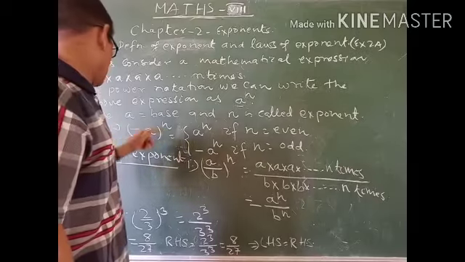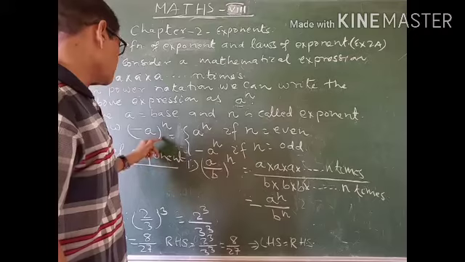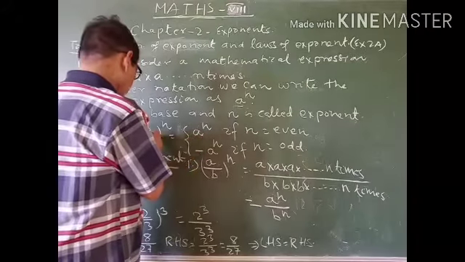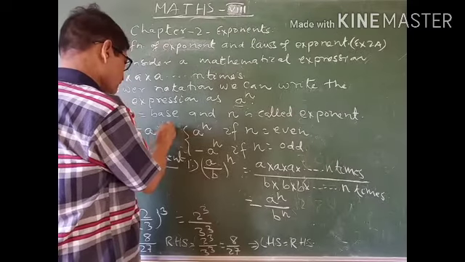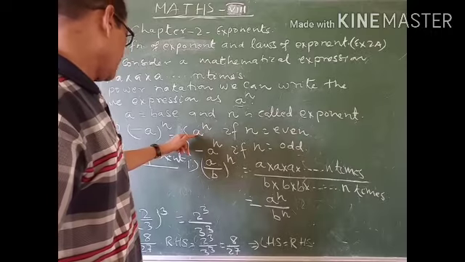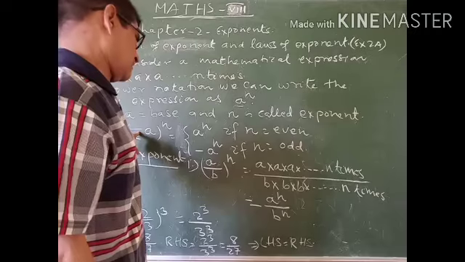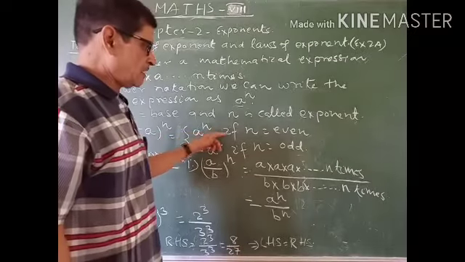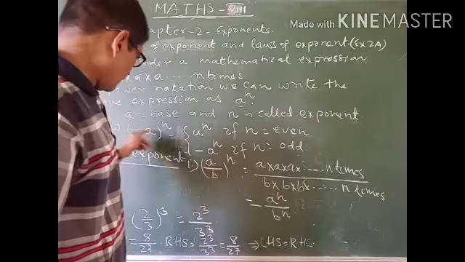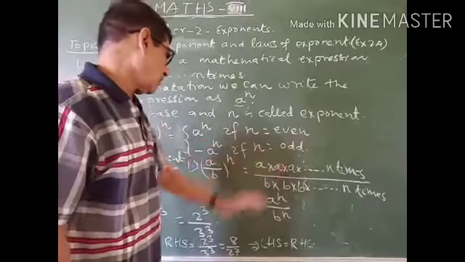Here we can write minus a to the power n. Here the value of minus a to the power n will be a to the power n. It means minus sign will vanish, in which condition? If n is an even number, and the minus sign will exist if n is an odd number.